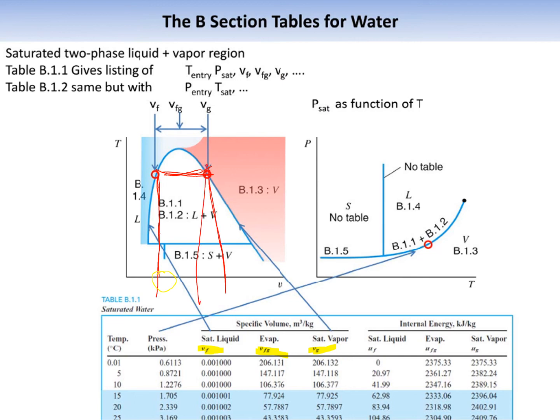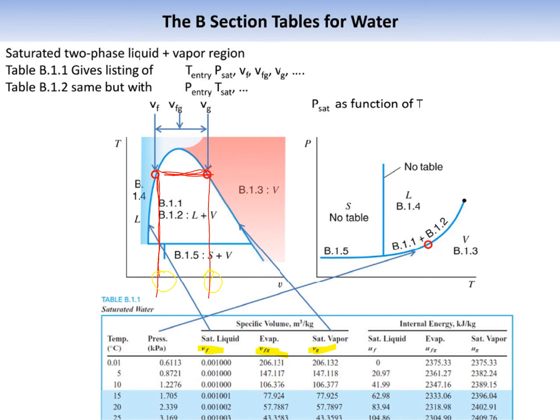So let me redraw it. This point is the volume that will be occupied by saturated vapors when the entire mass is in the form of saturated vapors.